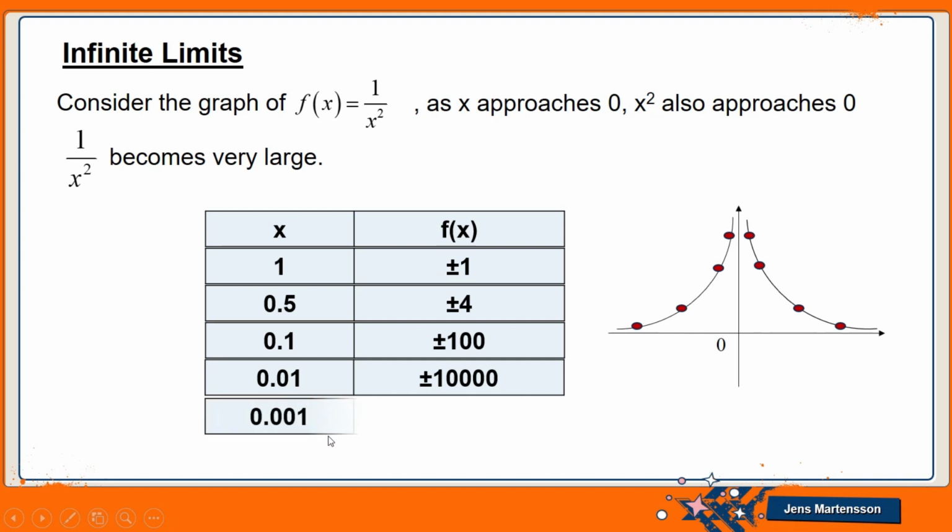And when we substitute 0.001, f(x) equal to 1 million. So when we substitute values of x that are very close to 0, f(x) becomes very large.